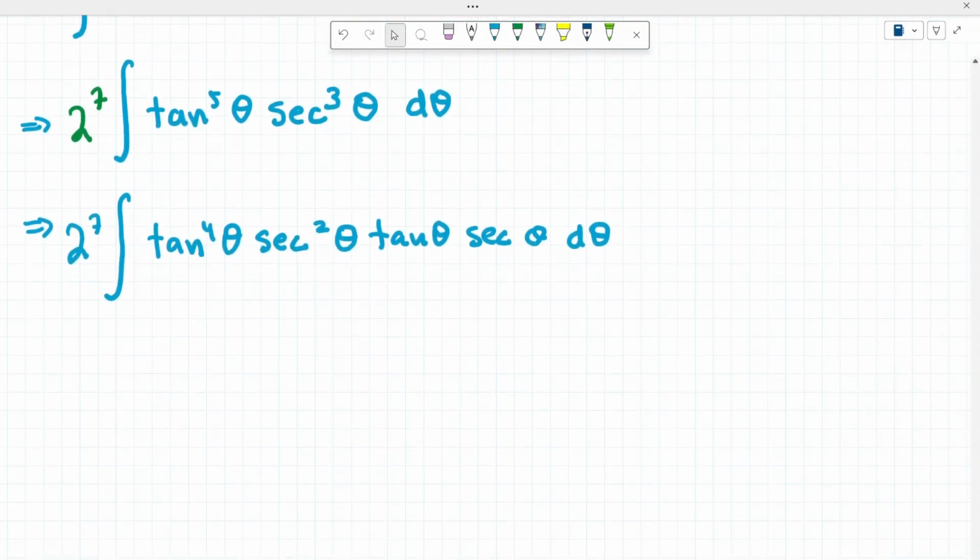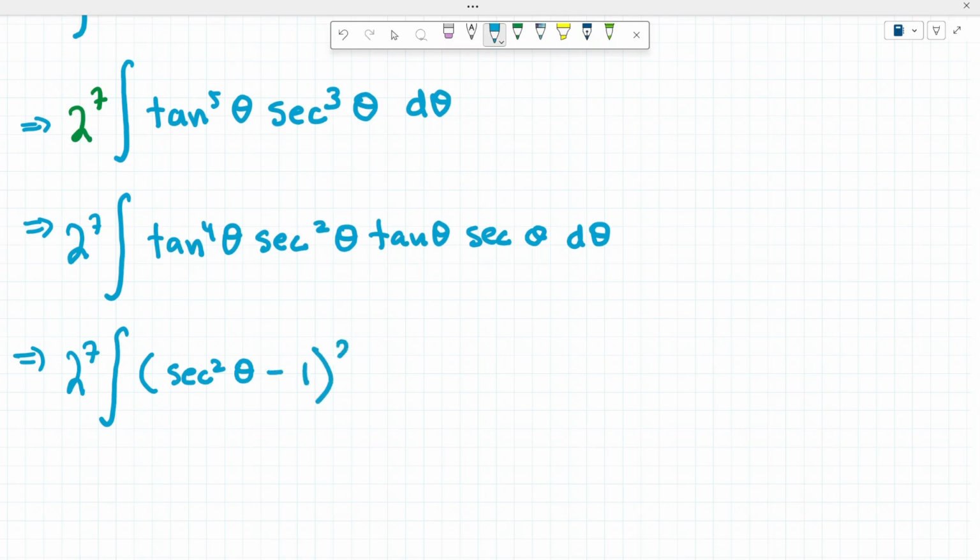Okay, so next up, we've got 2 to the 7 multiplied by the integral of secant squared theta minus 1, all squared, we're applying our identity, and then multiplied by secant squared theta, secant theta, tan theta, d theta.